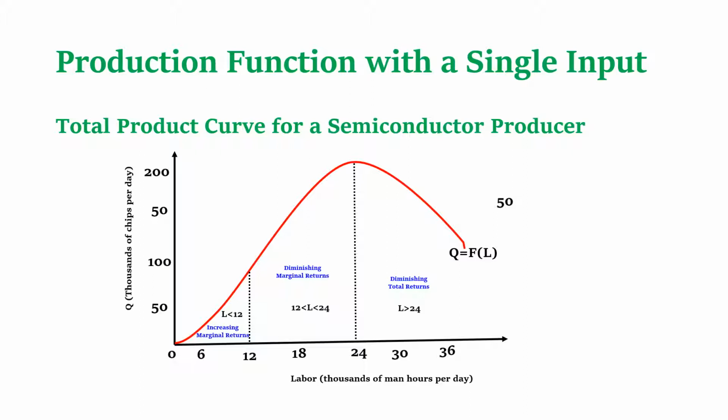So when there are diminishing total returns to labor, an increase in the quantity of labor decreases the total output. Diminishing total returns occur because of the fixed size of the fabricating plant.